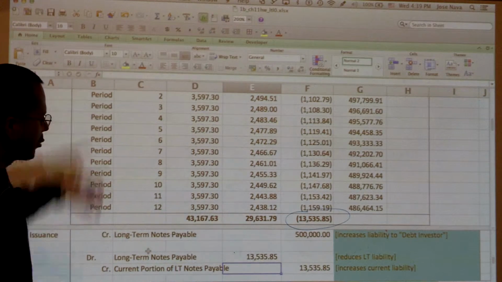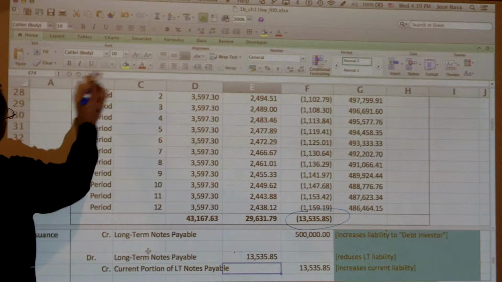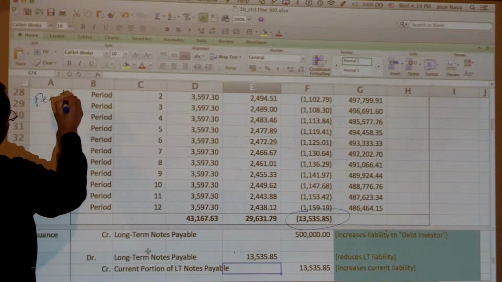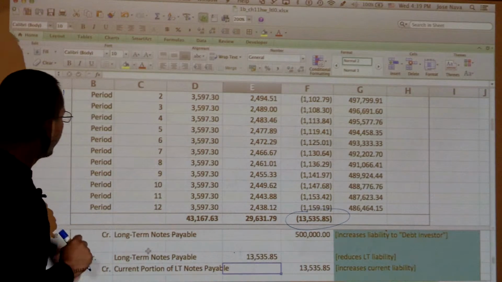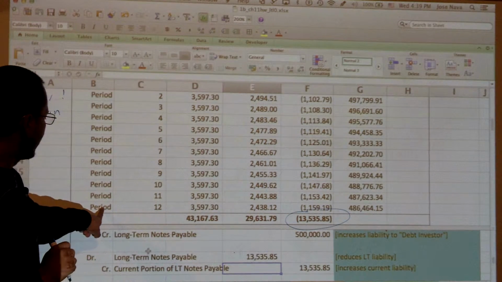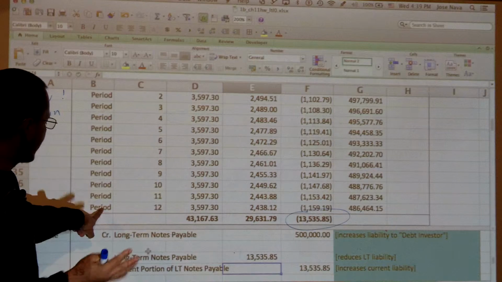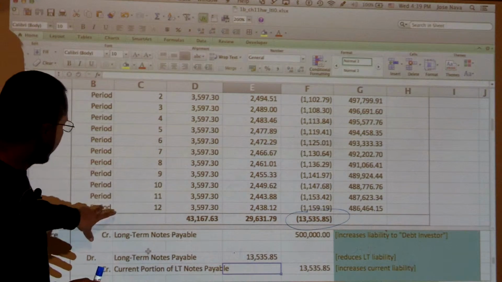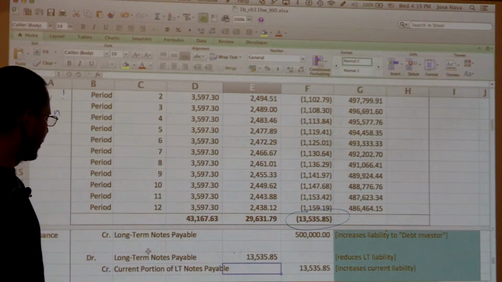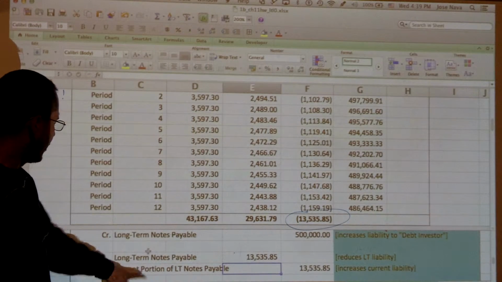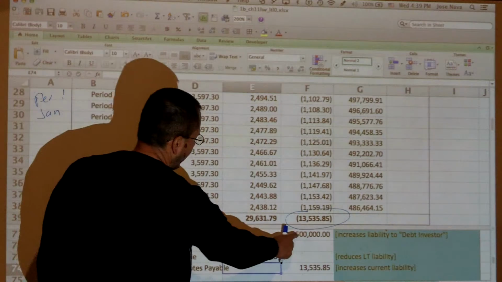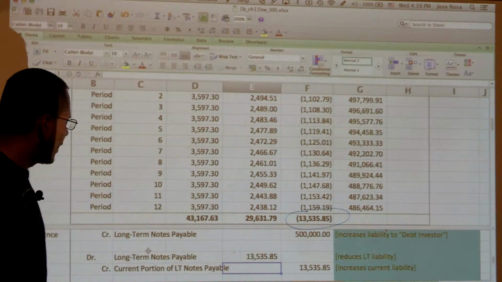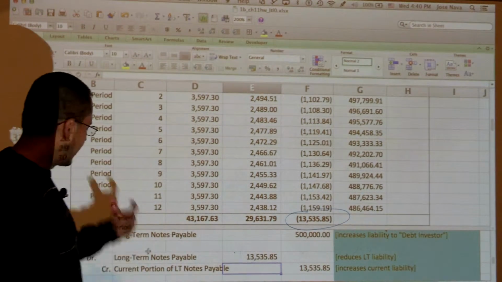So if you assume period 1 is January, period 2 will be February, and so on up to the end of month 12, which will be December. That full year is currently due in the current year. That's what is booked into the current portion. So you're basically transferring out from the long-term note payable that portion that is due in the current period.